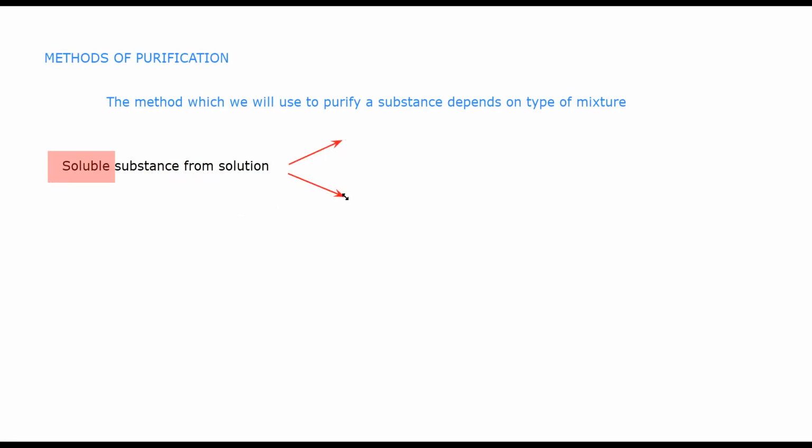Number one, you can use evaporation. Number two, you can use crystallization. These are the two techniques that can be used to separate the soluble substance from solution.